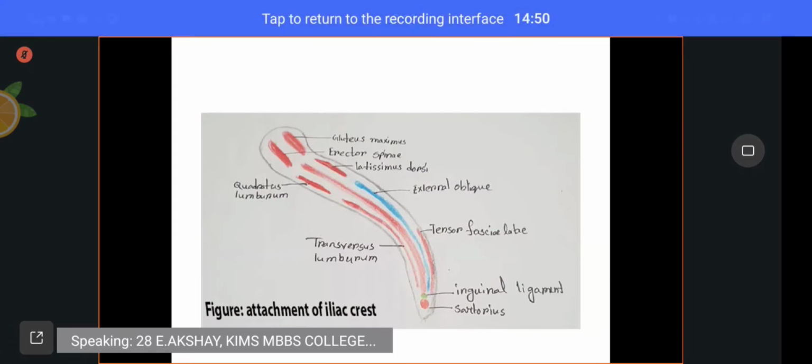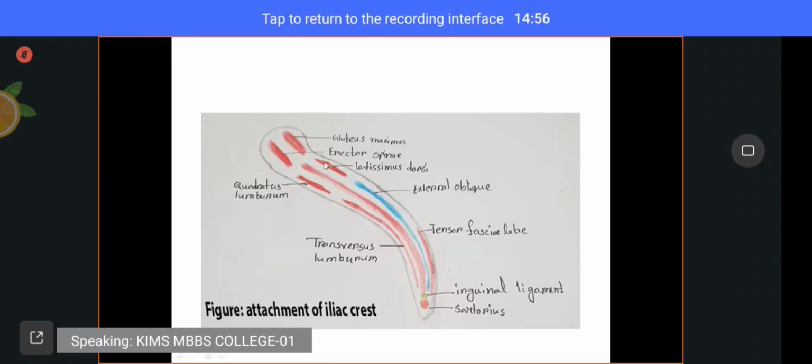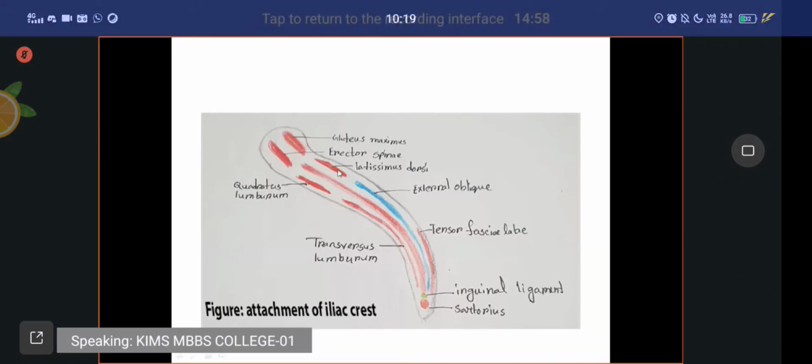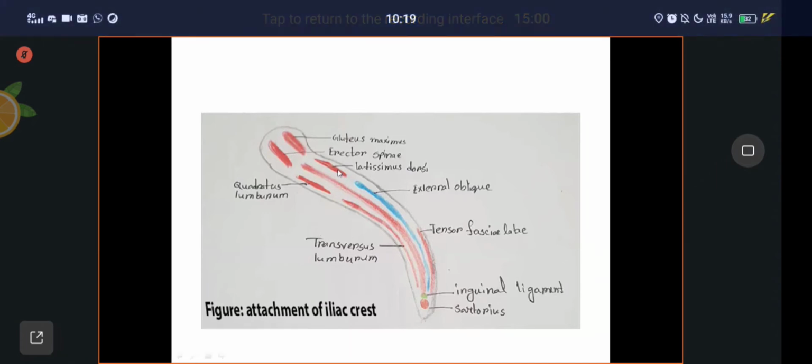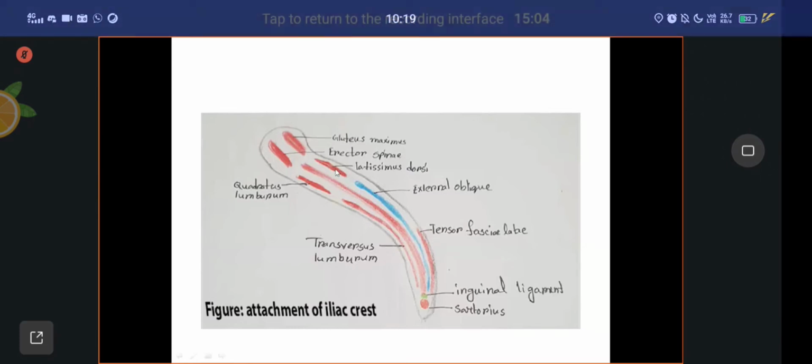And also it is giving origin to one more muscle, which you have seen in the muscles of the back during dissection. What is that muscle? That is the latissimus dorsi muscle.